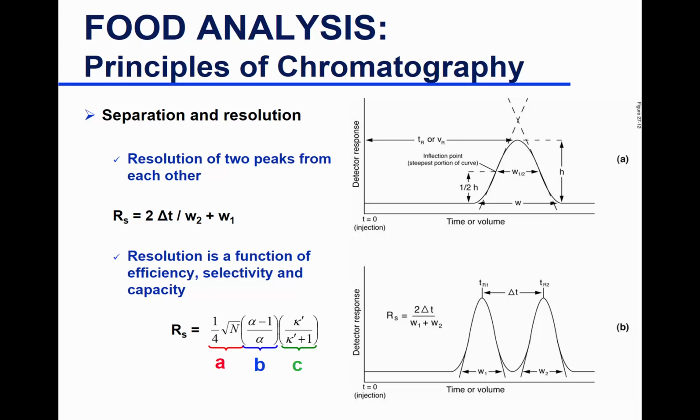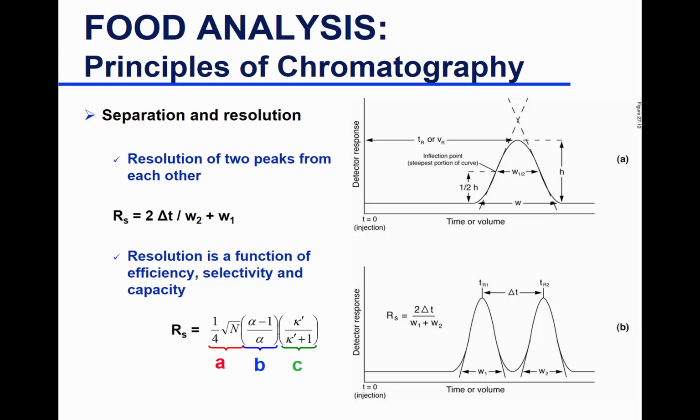Okay. The other concept we're going to talk about and spend some time on is that resolution is a function of the efficiency of the column, factor A, which has to do with the number of theoretical plates. You must have heard about theoretical plates somewhere else in life. And B, selectivity, how selective your column is to the different compounds that you're trying to separate.